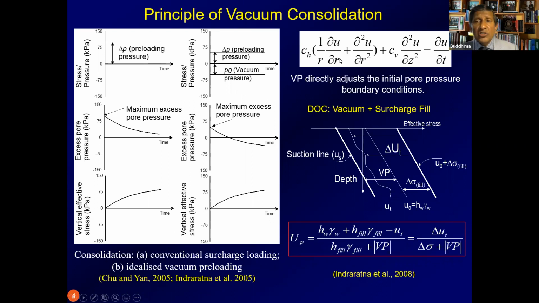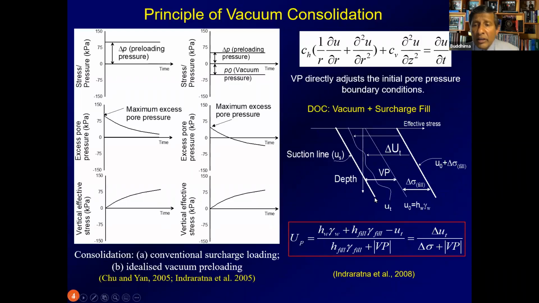So the radial consolidation equation is given here, which is the inhomogeneous Laplace equation. You can solve this equation by transforming this diagrammatic picture into an equation where you can, with time, calculate what the vacuum preloading pressure is at a given time, as you can see from this suction line here.